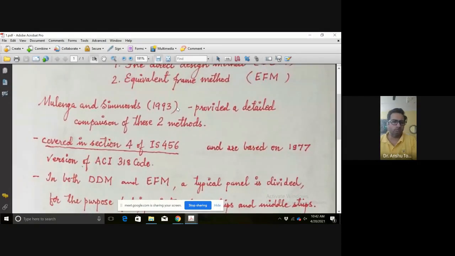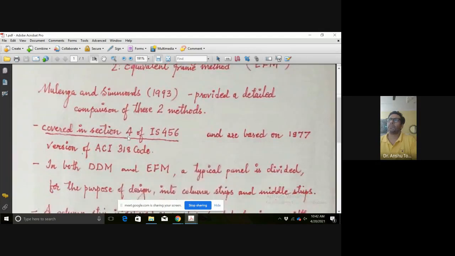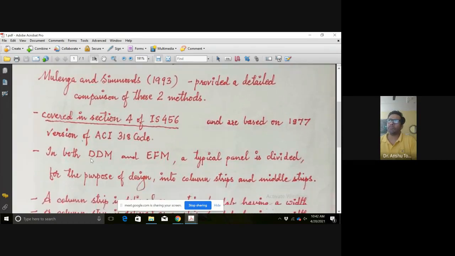When you go through the book, in the references also, this particular research paper has been mentioned. You can download it and read it, where both methods have been detailed and where the difference lies. This design has been covered in section 4 of Indian Standard 456, based on the 1978 version.